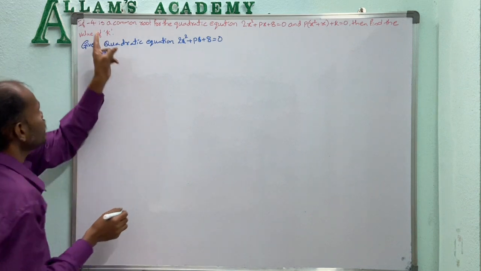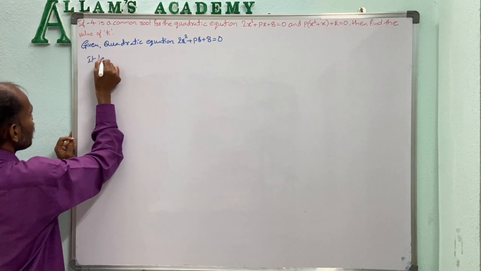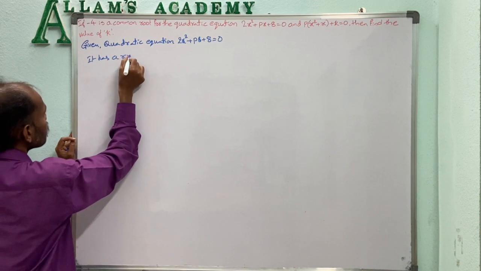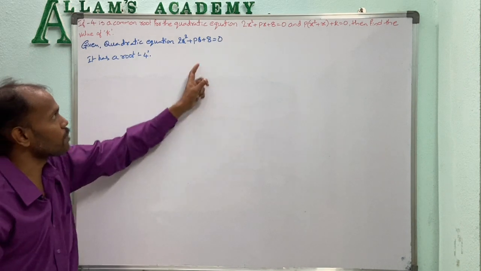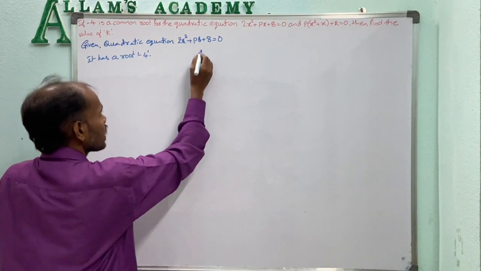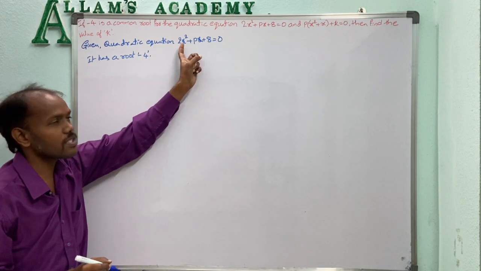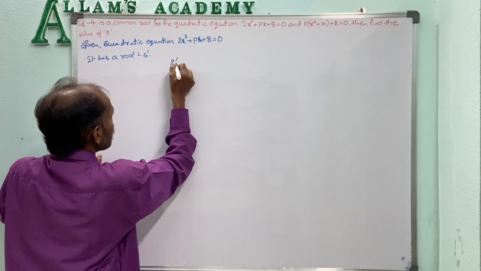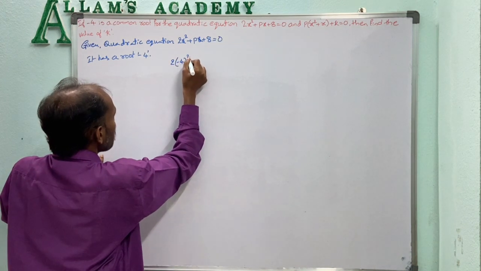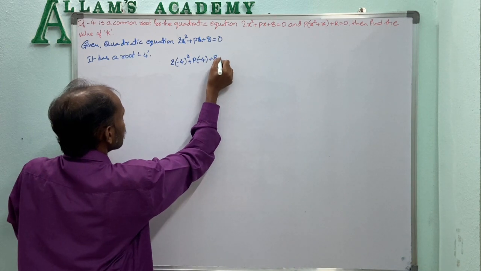Now it has minus 4 as a common root, so if we substitute minus 4, we get this equal to 0. That means we substitute minus 4 in the place of x. So 2 into minus 4 whole square plus p into minus 4 plus 8 equal to 0.